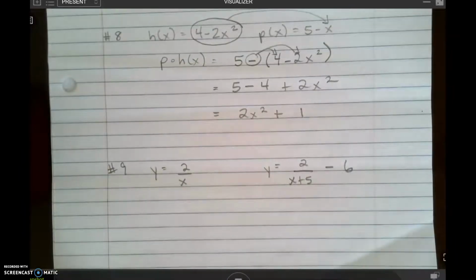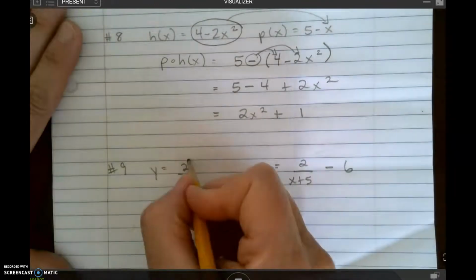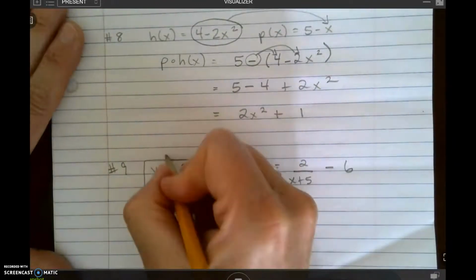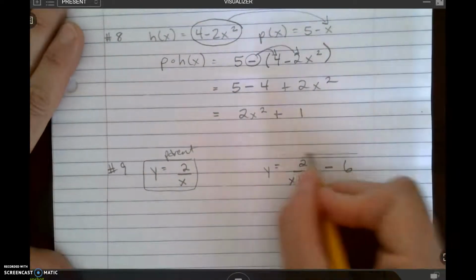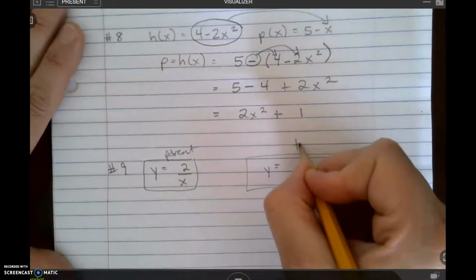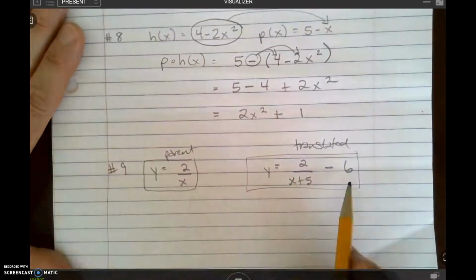All right, 9 and 10 have to do with writing a translation rule. We're told that y equals 2 divided by x. This is my parent function, my original. And then this is my translated function. And I have to look at how it's changed.